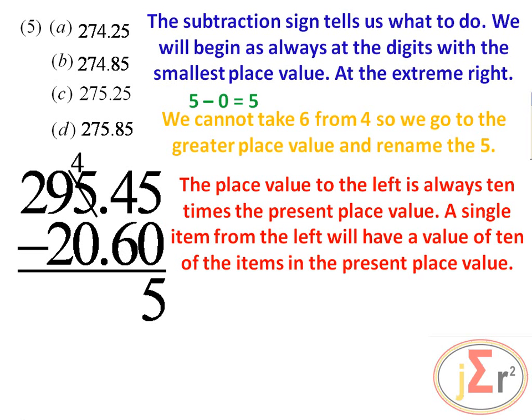So the 1 that we take from here, which is 1 in the 1's position, will be what? 10 in the 10th position. So this one will be equal to 10 tenths. So we will say 14 minus 6, and the result is 8.